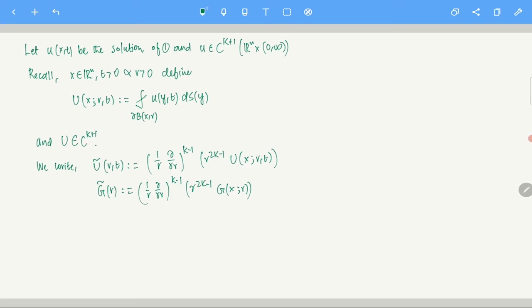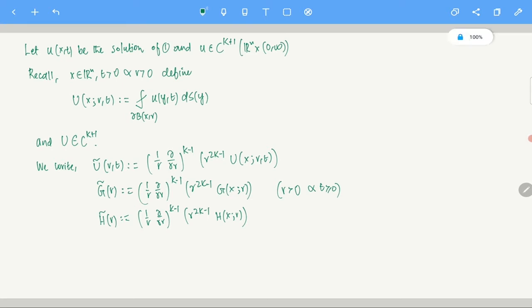For k equals to 1, it is basically r times g. Similarly, h tilde of r you can define as (1 by r del r) whole power k minus 1, r to the power 2k minus 1, h of x comma r. Here r is of course positive and t is greater than or equal to 0. That is given.